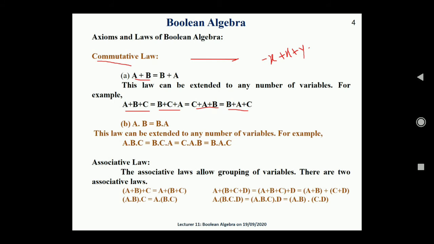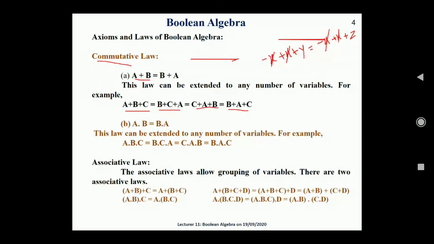You cannot say this one equals this one. In normal mathematics you can say that y equals z, because x is cancelled.